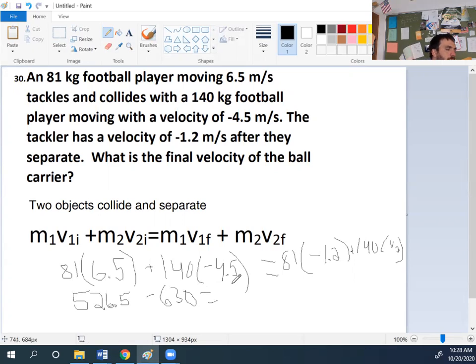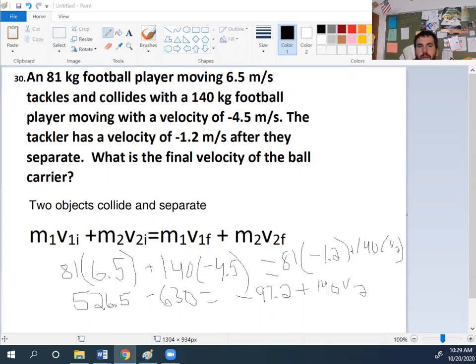Equals 81 times negative 1.2, which is negative 97.2. Plus 140 times V2.